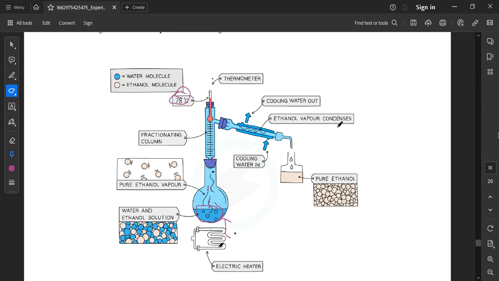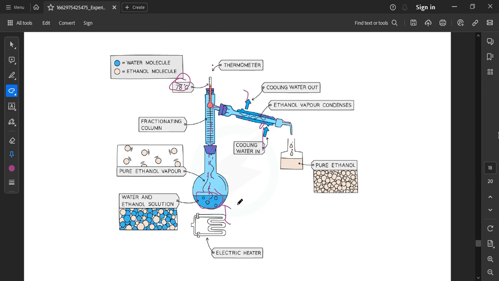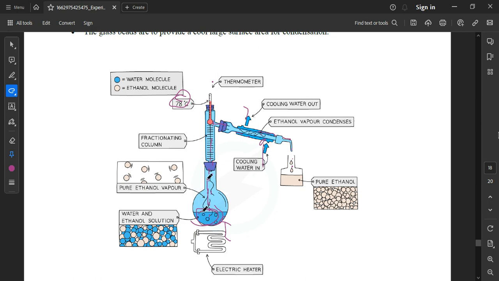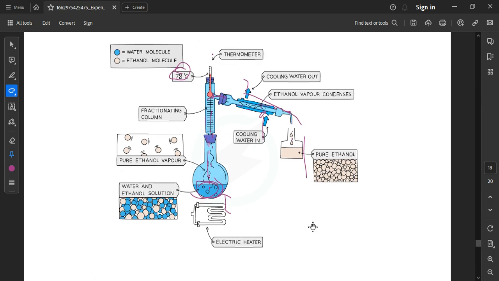It goes up all the way to the condenser. It's the same as the first one we looked at: water comes in, water goes out. The vapor condenses and comes out as pure ethanol. Sorry, I meant ethanol, not water. So water will stay here, ethanol will go up, and then the process continues.